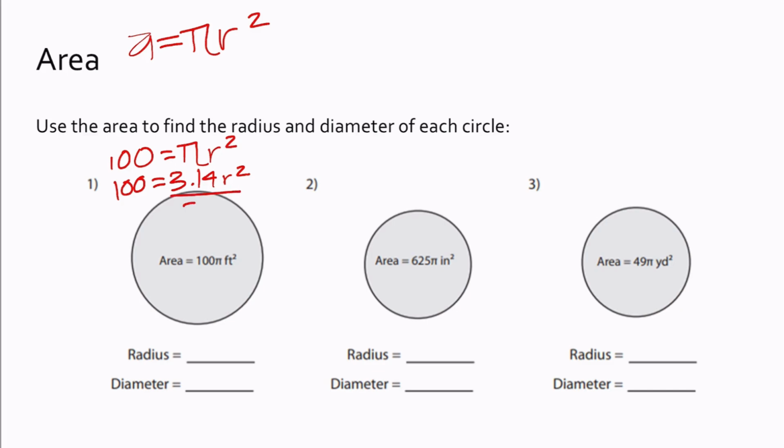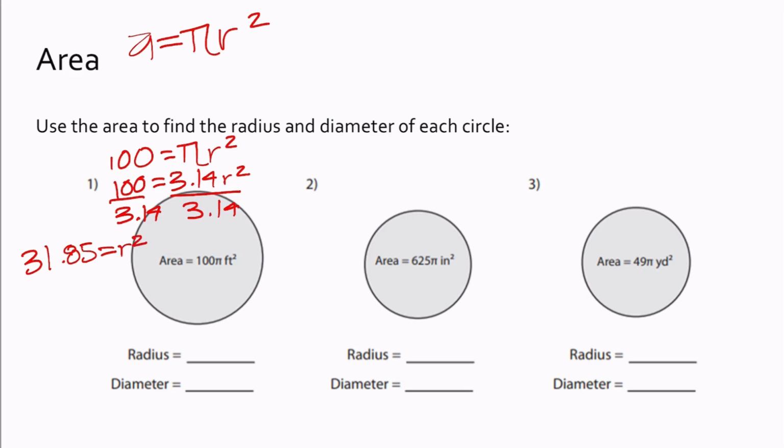I can divide both sides by 3.14. So I have 100 divided by 3.14. It's going to give me 31.85, I'm rounding here, equals the radius squared.